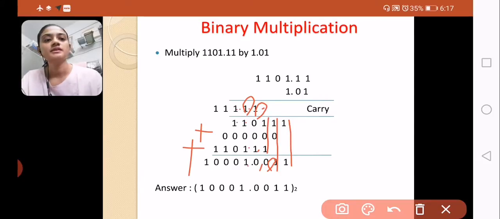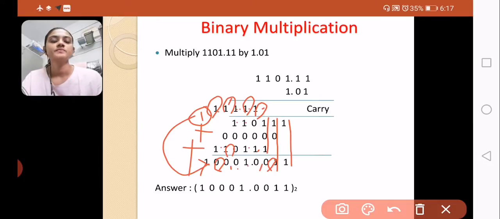Now 1 plus 1 is 2, so sum is 0, carry is forwarded here. So this one and this one will give sum 0, carry is forwarded here, and 1 plus 1 will give sum 0 and 1 is carry, it is taken here.